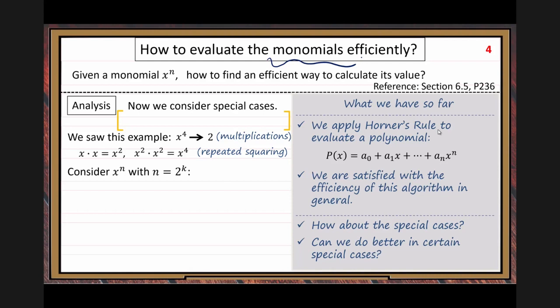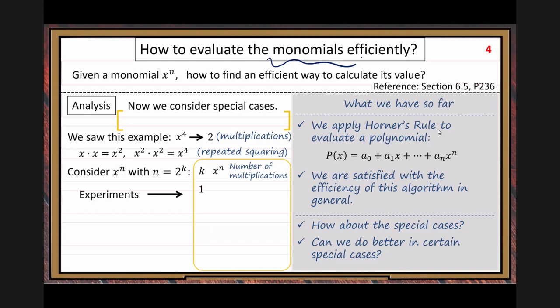So how well can we do? Let's try. Let's do experiments. Here, let's do a chart. First column k, second column x to the n. Then we count the number of multiplications, third column.